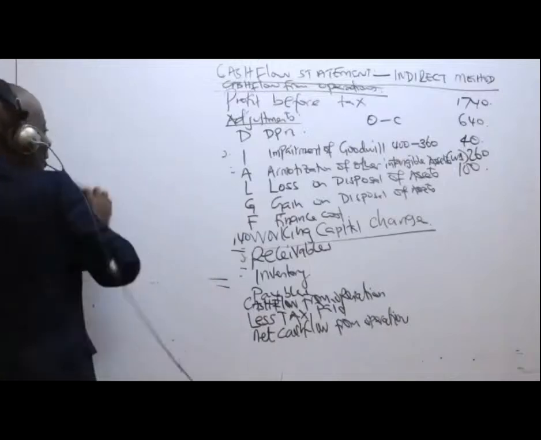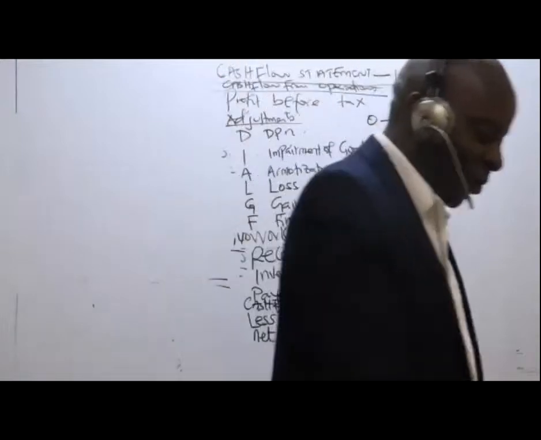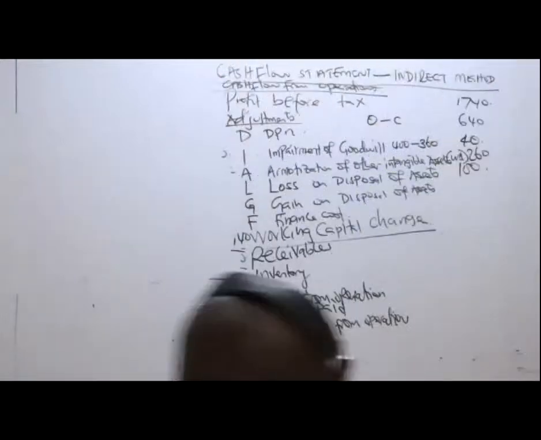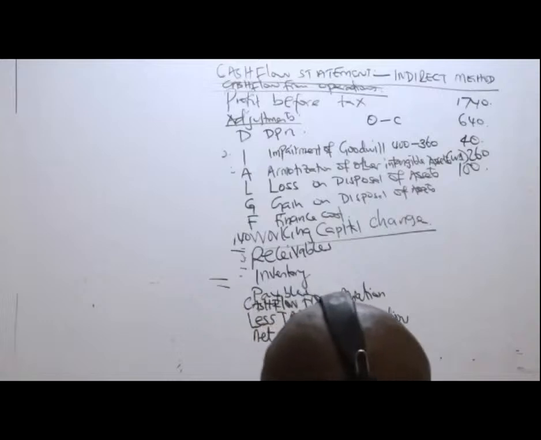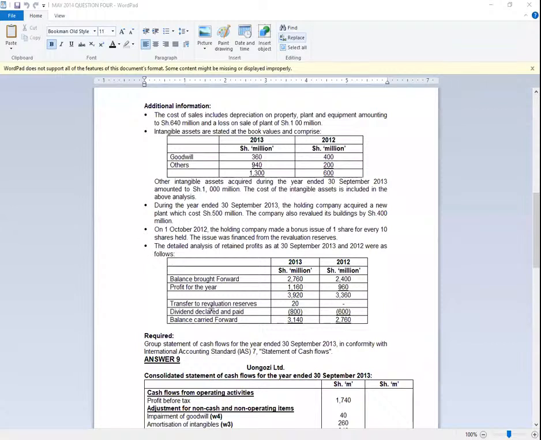Great. Now we are moving slowly. What else am I supposed to think about? I can see a loss on disposal of assets, which I already have. So chances are I don't have a gain. If I have a loss on sale of assets, I don't have that gain.